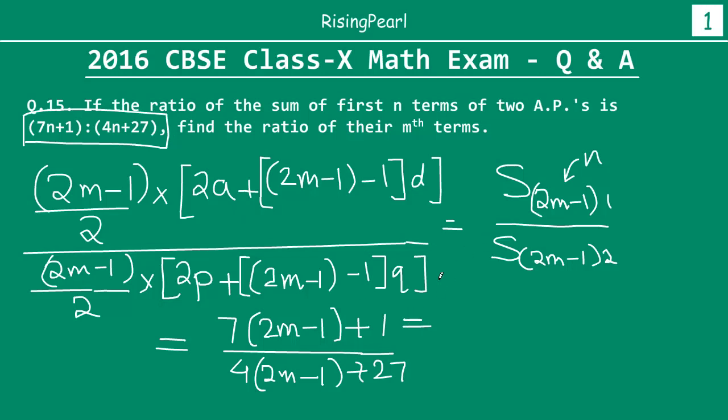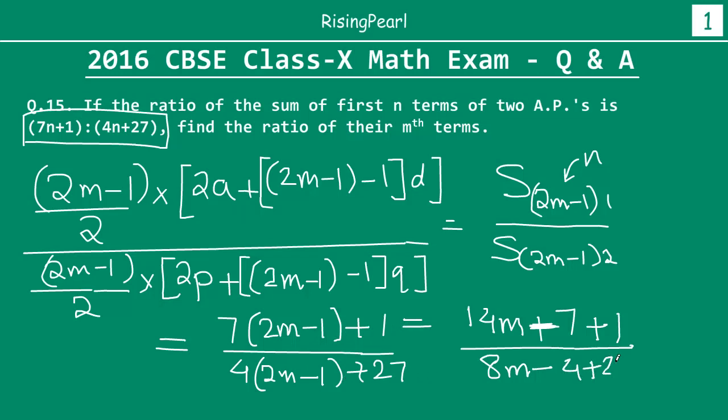Now if we simply solve this, 7 2s are 14. So this is 14m plus 7 divided by, 4 2s are 8m. Actually, we made a mistake here, this will be 14m minus 7, plus 1, and this will be 8m minus 4 plus 27.